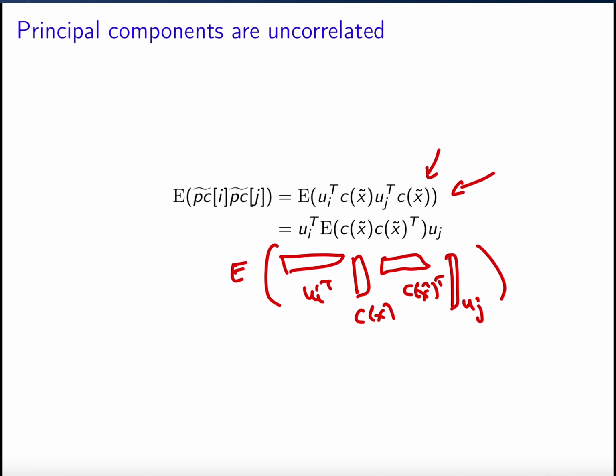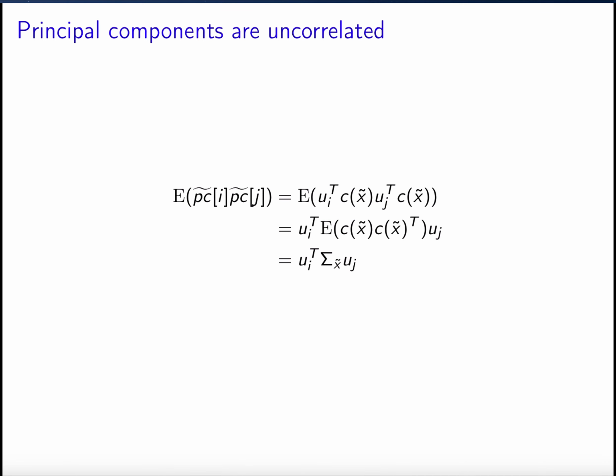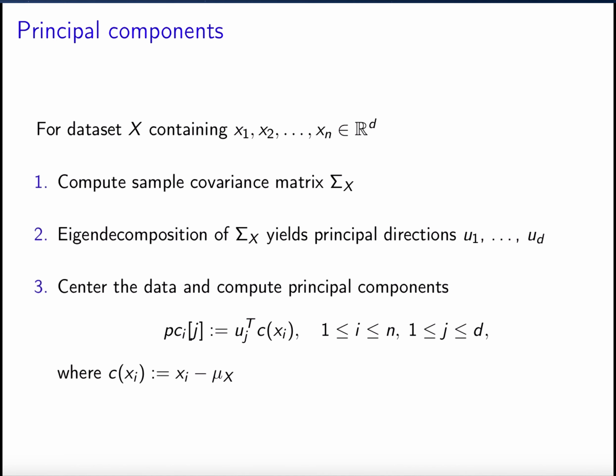And now what we do is, because the only random thing here is this part, we put the expectation in, and what we get is again the covariance matrix. Now, because this guy is an eigenvector of the covariance matrix, that is just going to be equal to lambda j times uj. And here is where we use the fact that the eigenvectors of a symmetric matrix are orthogonal, so this inner product is just equal to 0. So what this is telling us is that when we compute the principal components of a random vector, they're uncorrelated. So they're independent, but only on average. Remember that does not mean that they're actually independent.